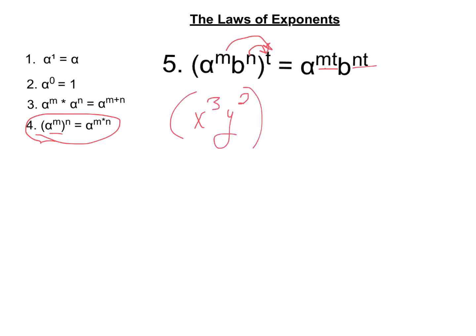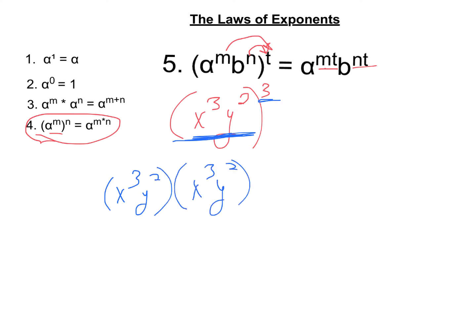squared being cubed. Okay? So again, this says I'm going to take the base in here and take it to the third power. So we have x cubed y squared, x cubed y squared, x cubed y squared. Then from there, if I want to break this down even further, x cubed is 3 x's.